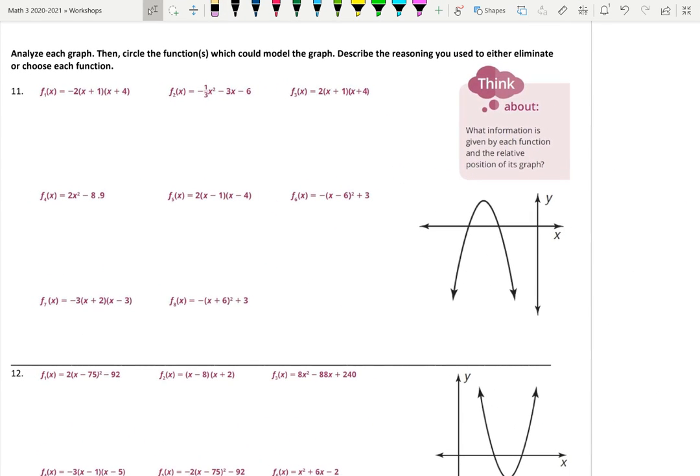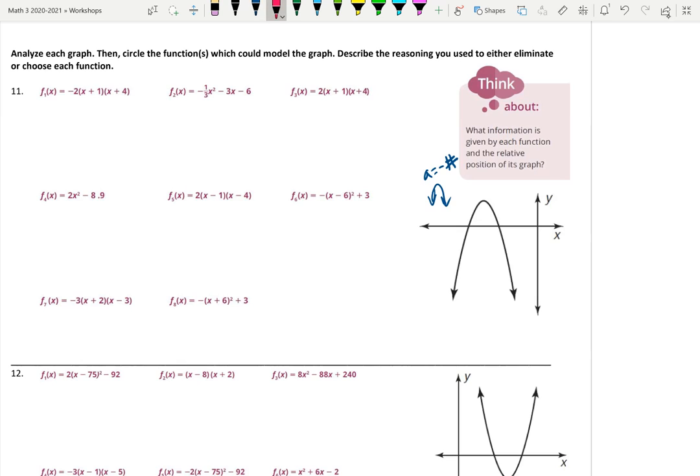So basically, I'm given a graph, and I have to analyze whether or not these equations could be a potential match. So when I'm looking at this, I'm going to just look at the graph and identify some key information. I notice that it is concave down, which means that A is going to be a negative number.